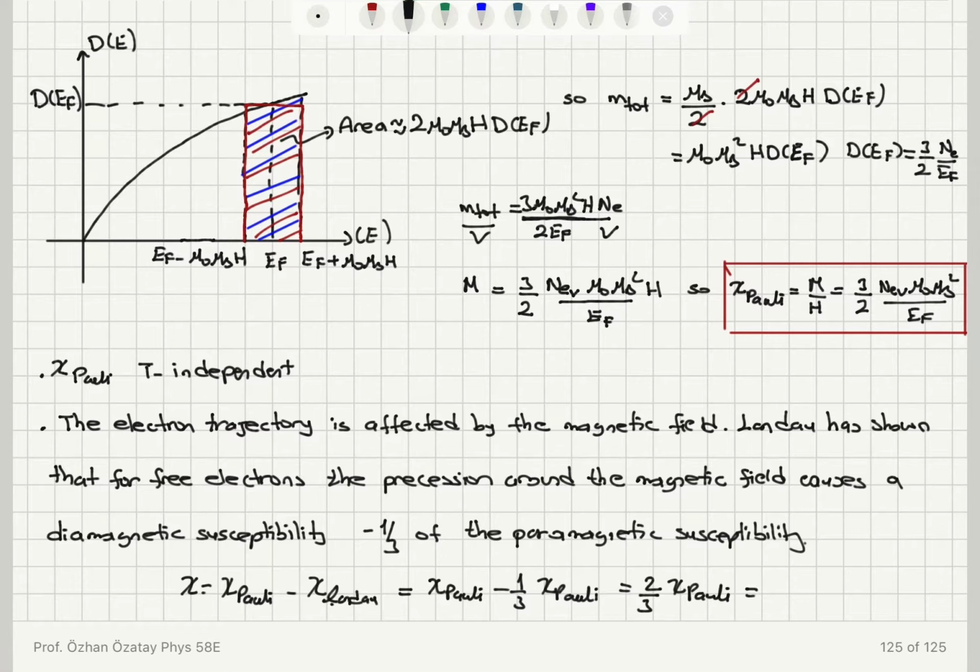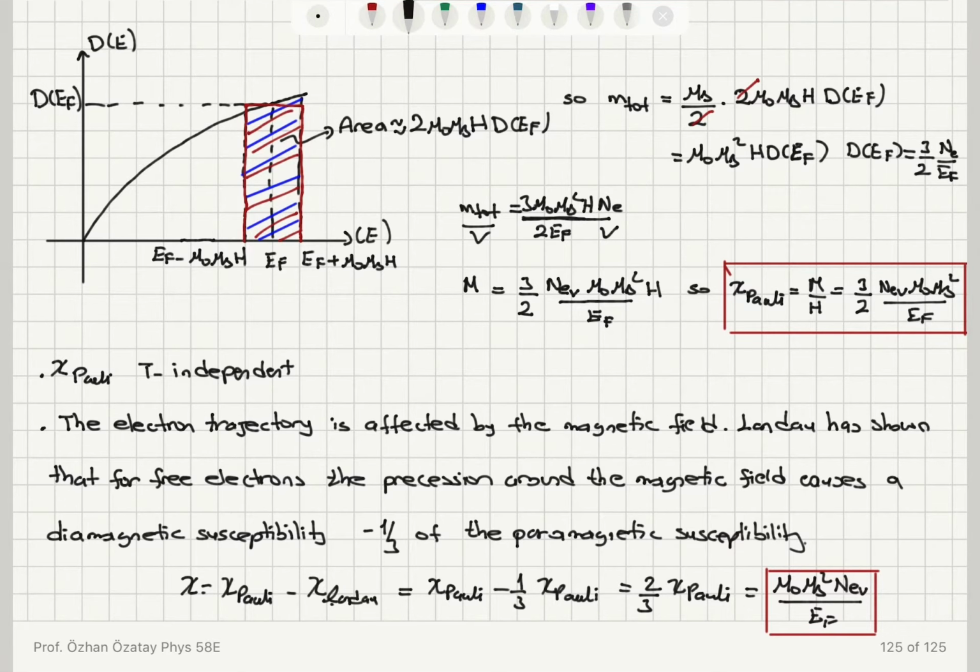So we obtain mu 0 Bohr magneton squared times the number density of electrons divided by the Fermi energy as our true susceptibility of Pauli paramagnets.